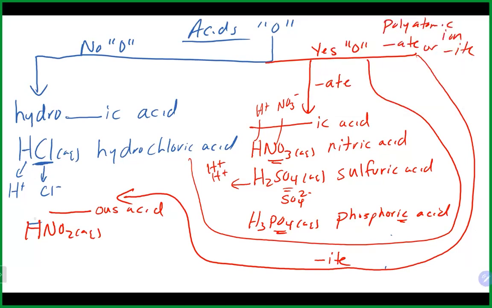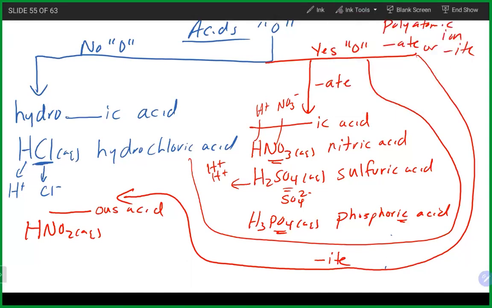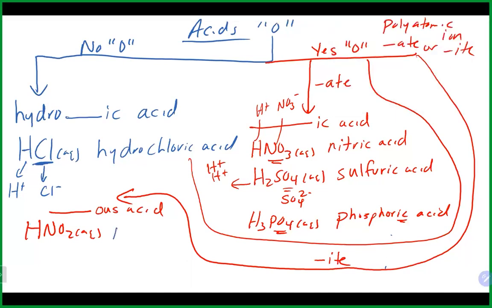And that means that this acid should be called nitrous acid. H2SO3. SO3 2 minus is sulfite, which means this should become sulfurous acid.